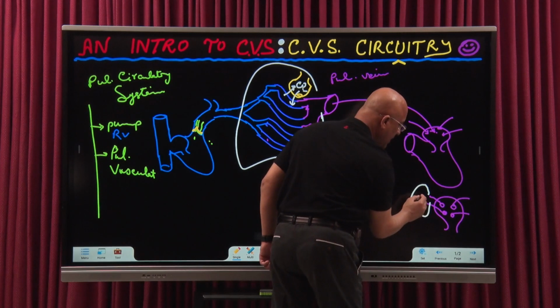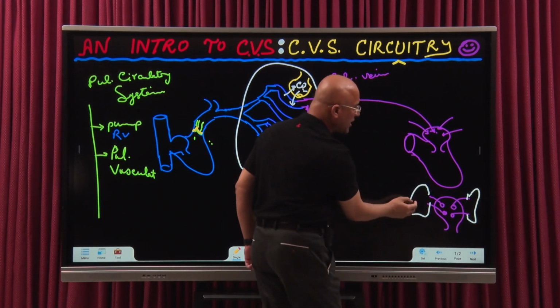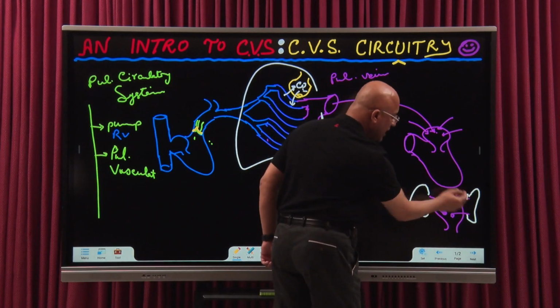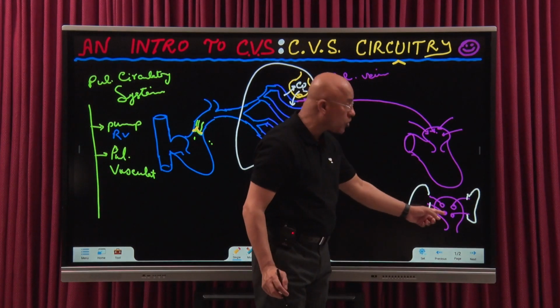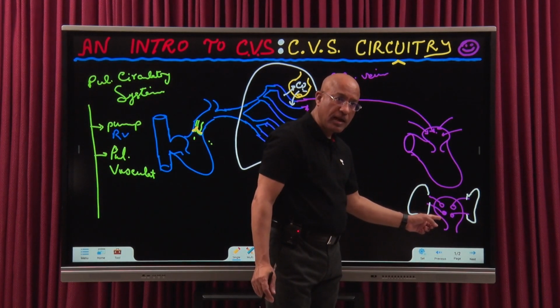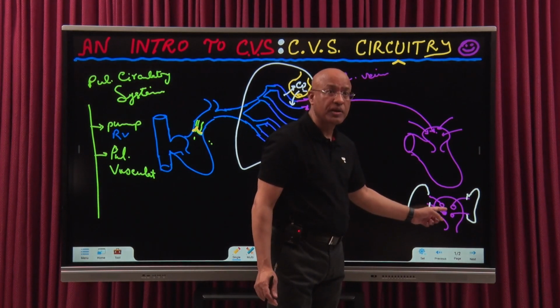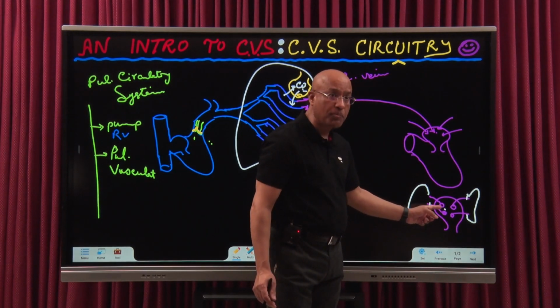These are coming from the right lung, and these are coming from the left lung. This is coming from the right lung, and they are coming from the left lung. So actually there are 4 openings in the left atrium, right? These 4 orifices are basically pulmonary veins, which are bringing the blood which is well oxygenated.